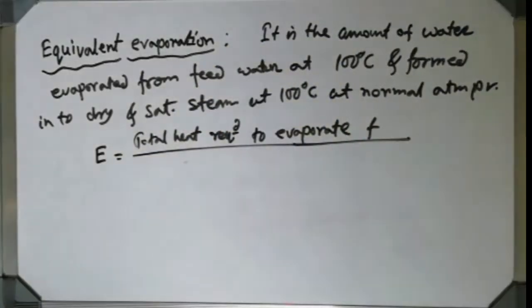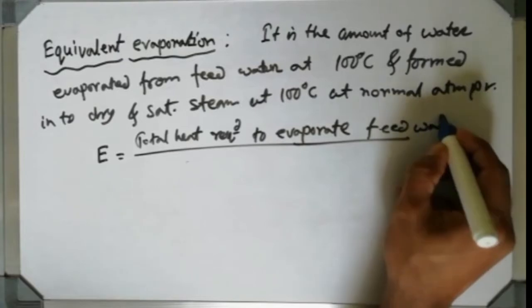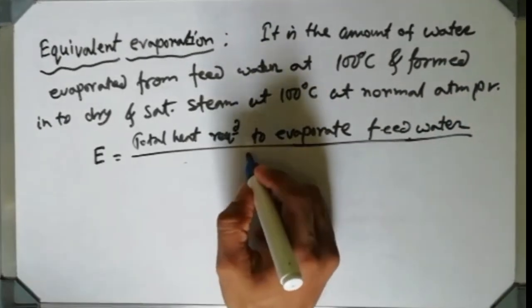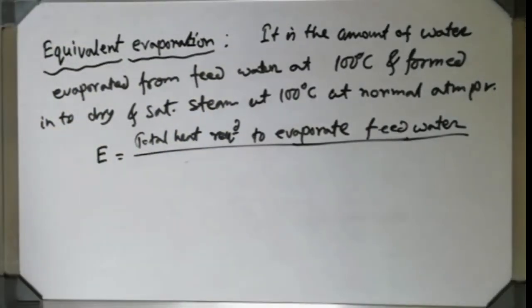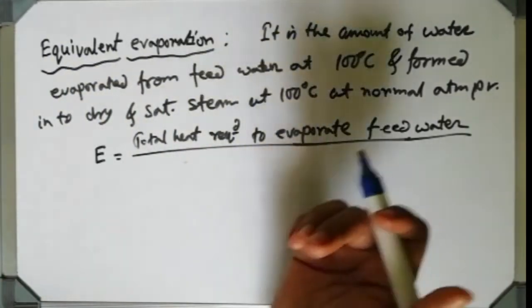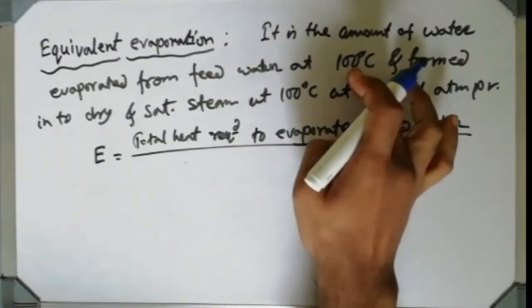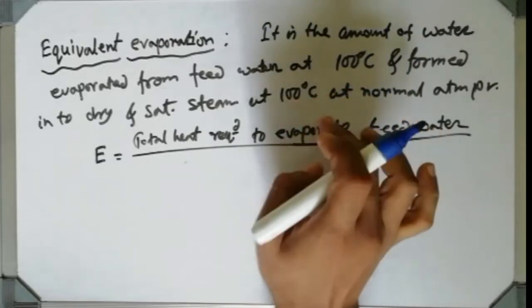So total heat required to evaporate feed water, divided by the thing at the denominator, which is the amount of heat required to convert this from 100 degrees centigrade to 100 degrees centigrade.